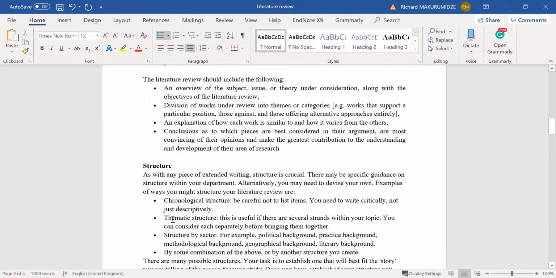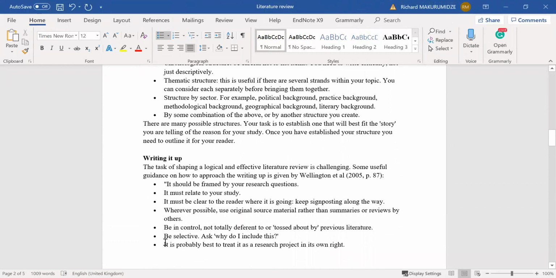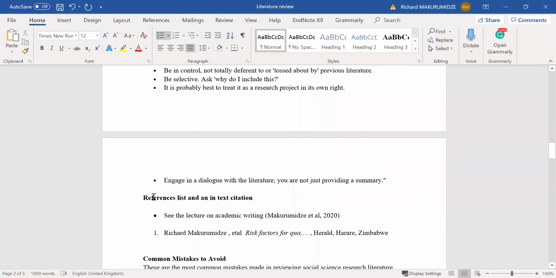And how you structure your literature review is also very important. And when you're writing, what are the issues you need to consider? This is very important. How do you cite in text? After a statement which you have taken from someone, you really cite this, and how then do you list these things as your reference list at the end of your article?